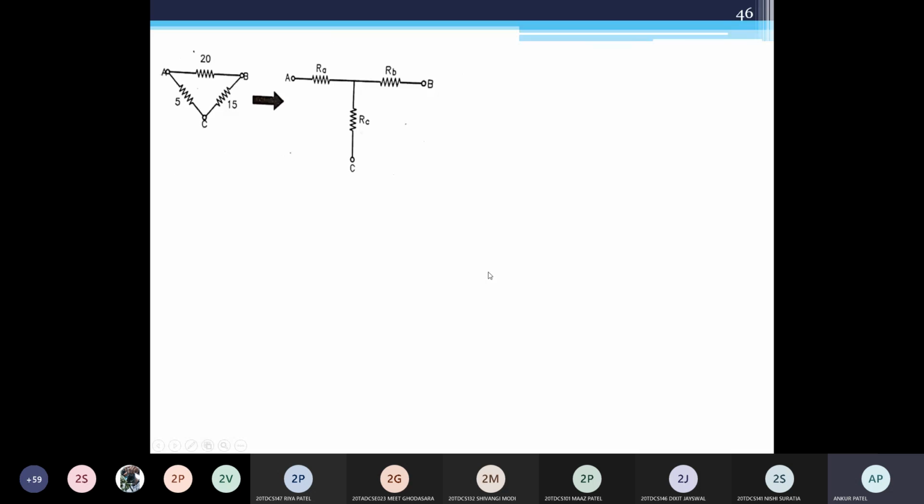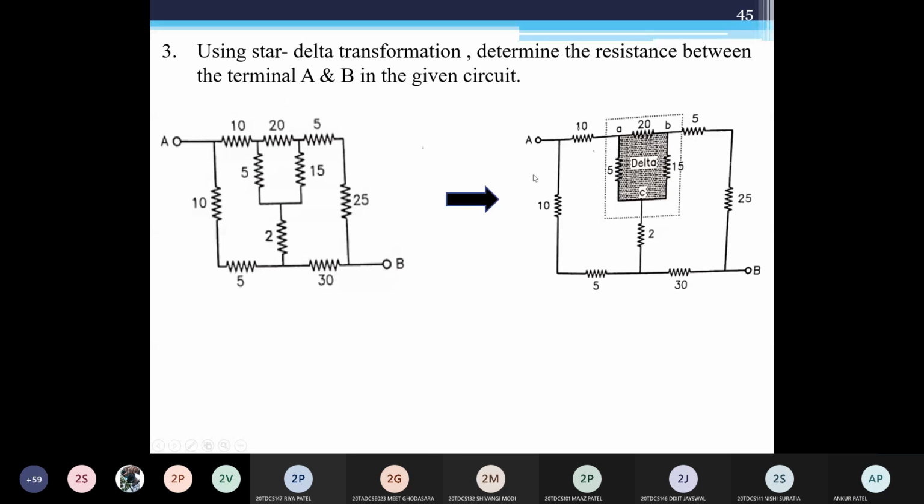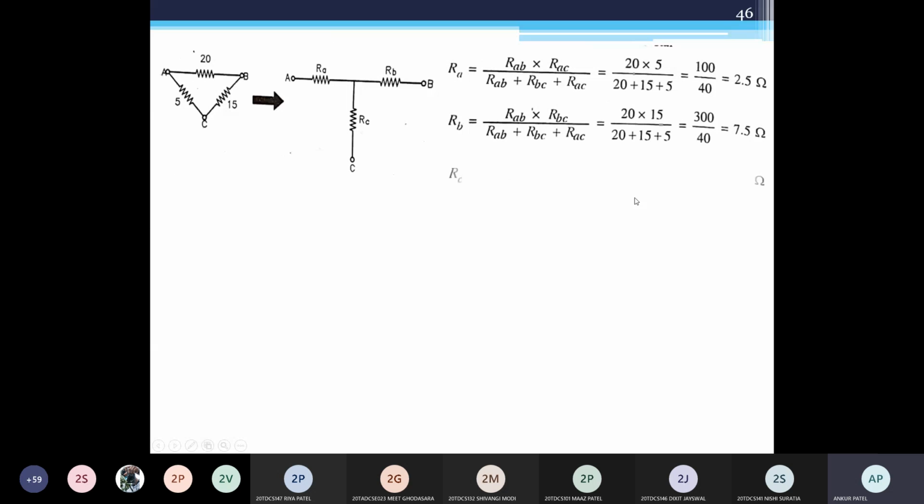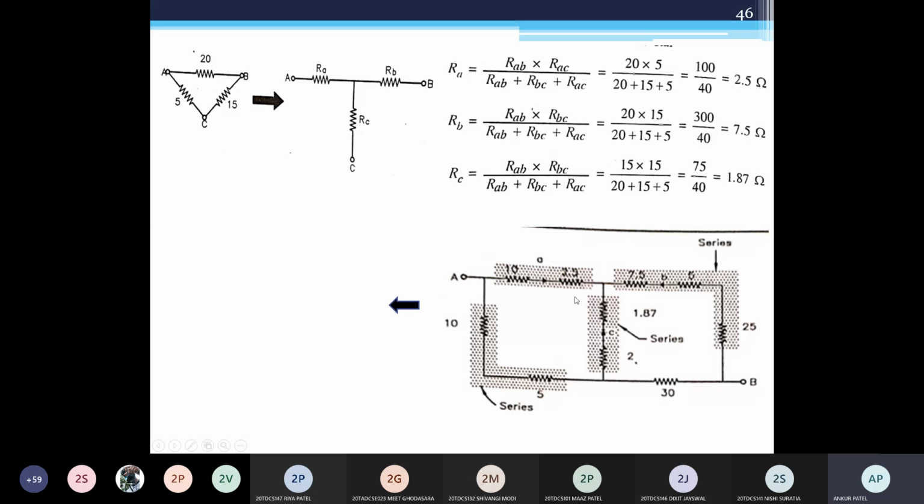Now your earlier circuit is like this, and you are converting into star connections, so your connection becomes like this: RA 2.5, RB 7.5, and 1.87. This dashed portion is a series connection. 10 and 5 are in series, 10 and 2.5 are in series, 1.87 and 2 are in series, 7.5 and 5 are in series.